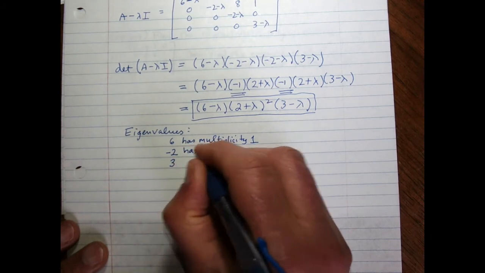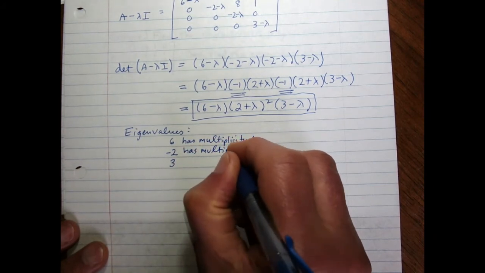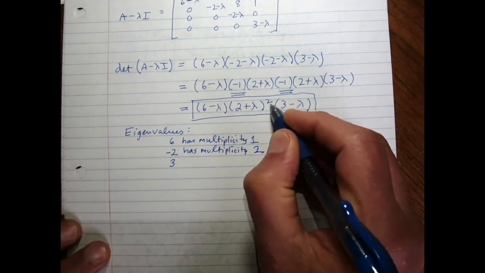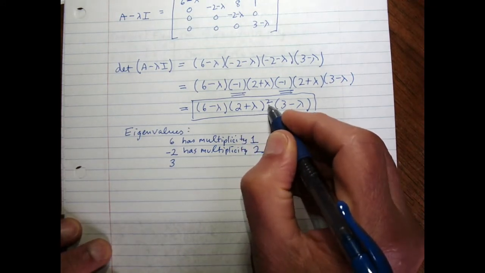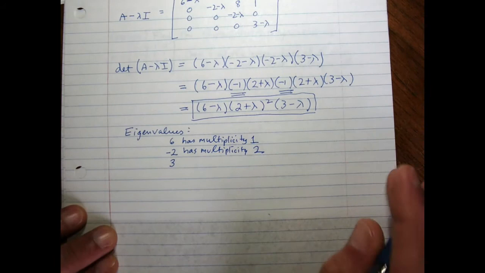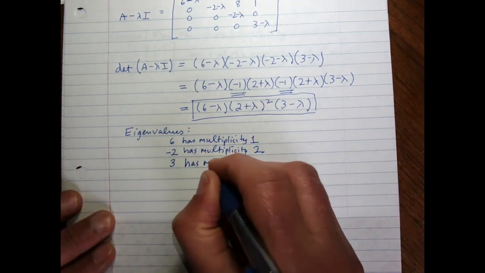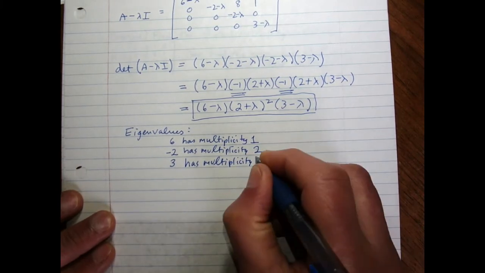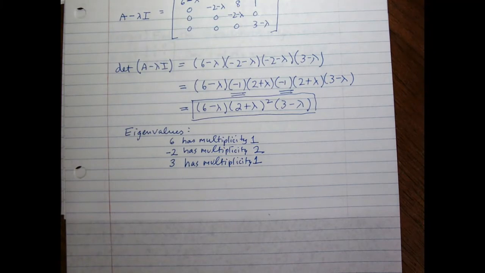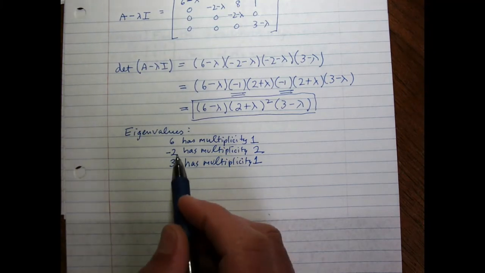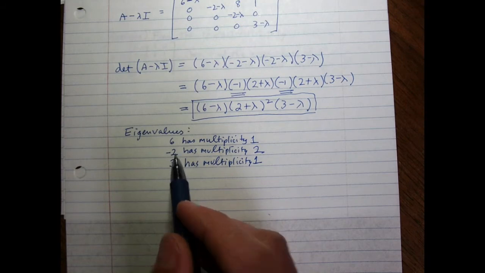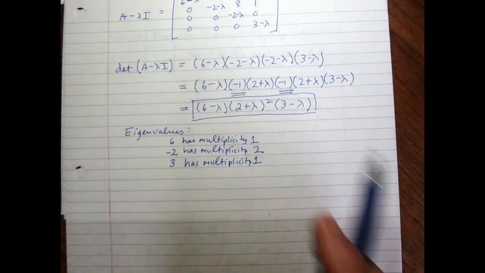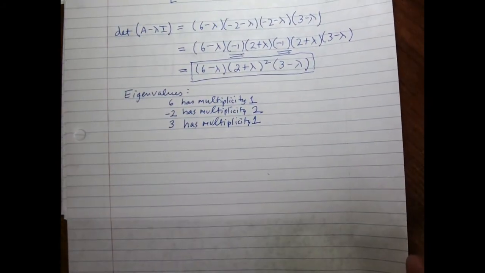But -2 has multiplicity 2 because that factor is squared, right? The 2 plus lambda factor is squared, just like you talk about multiplicity of zeros of a polynomial. And 3 has multiplicity 1. So while there are just 3 numbers that are eigenvalues of that matrix, if you count -2 twice, it's like there are 4, right? And the 4 matches up with the dimension of the matrix we started out with.